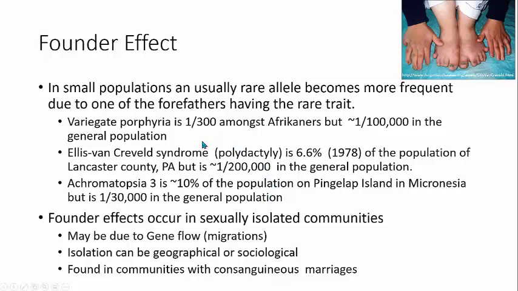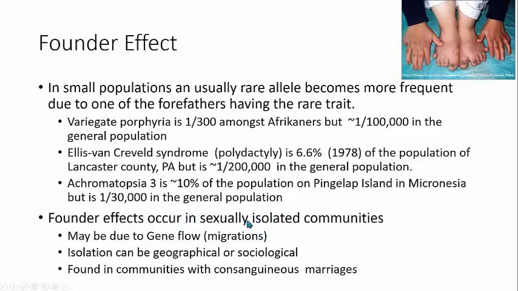The founder effect happens when we have a very small population and one member of the population or a few people in the population have a trait, but because of the random mating within that population, that gene becomes more and more prevalent than it ever was before. That is called a founder effect. Founder effects usually happen only in isolated communities.